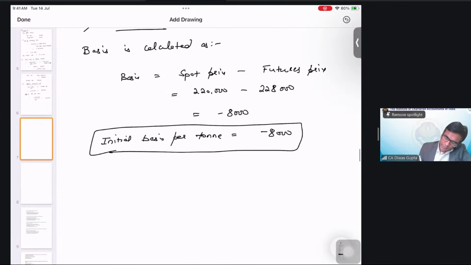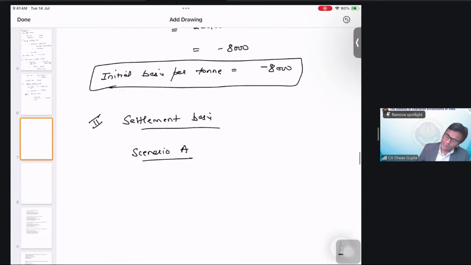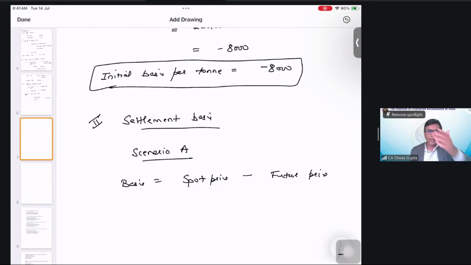The second part is the settlement basis. We will use the same formula again, but here let's do it scenario-wise. Scenario A first, and then scenario B. So basis is equal to spot price minus futures price.